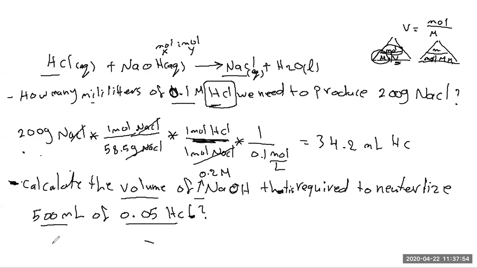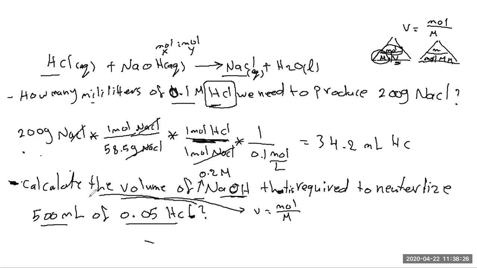Now, again, to calculate the volume equals mole divided by molarity. Here we don't have the mole of NaOH. I'm just talking about NaOH. So we need the mole of NaOH. How will we get the mole of NaOH?